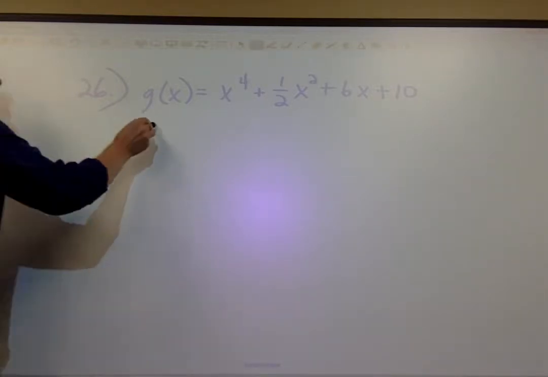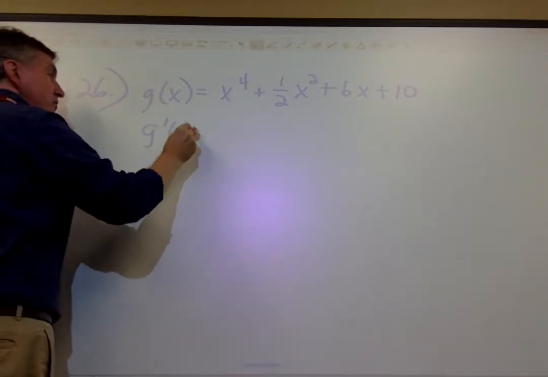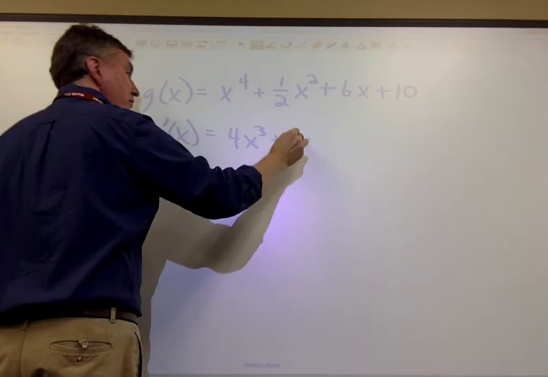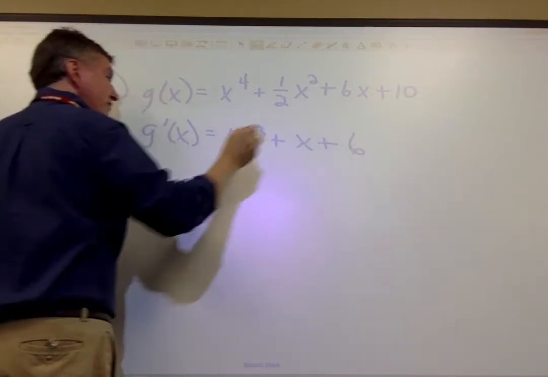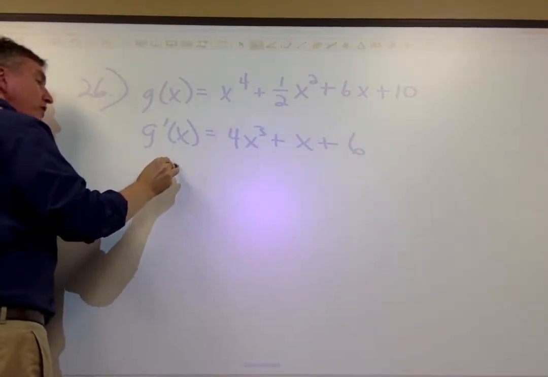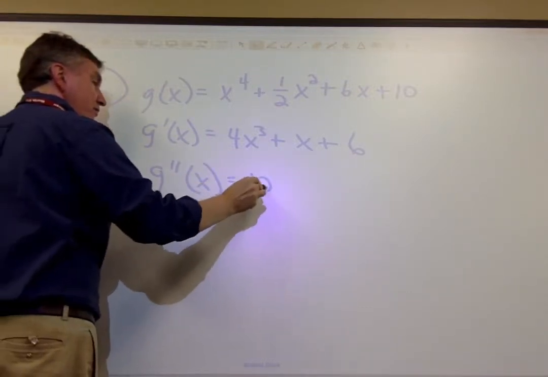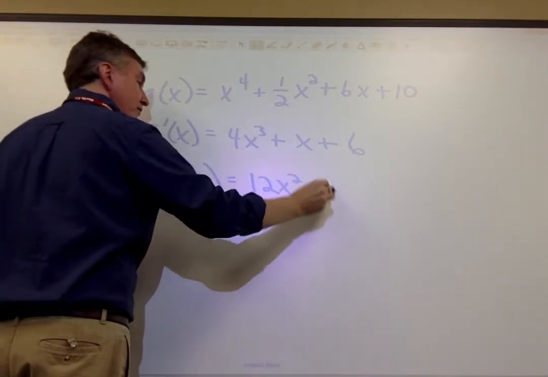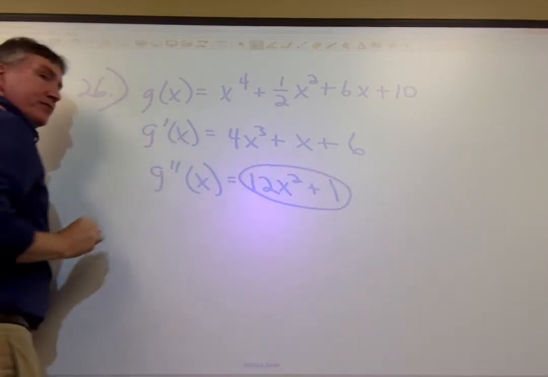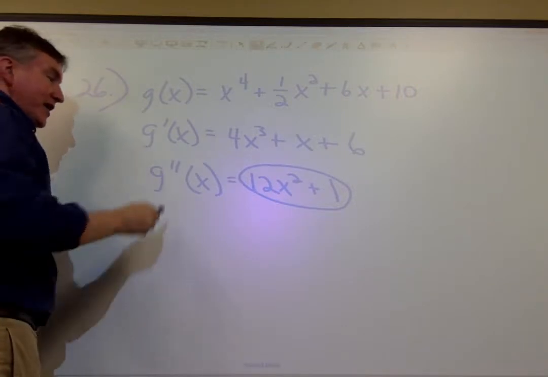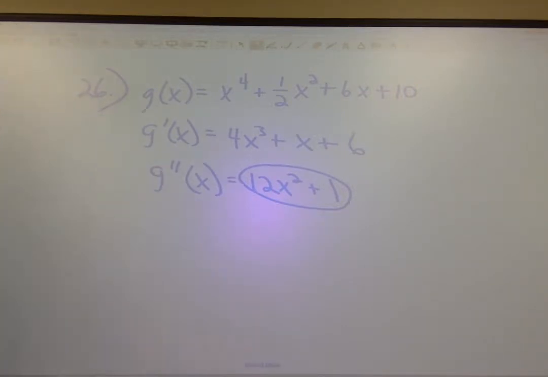Well, what's the first derivative? Yes. What is the second derivative? Would you agree that I don't care what number I put in for x, that answer would always be positive, wouldn't it?